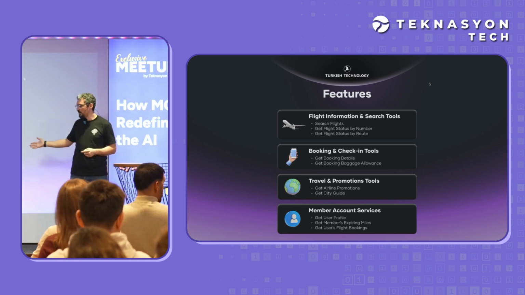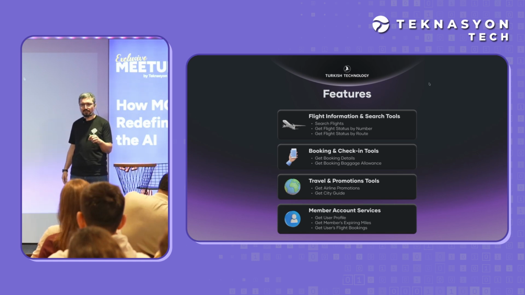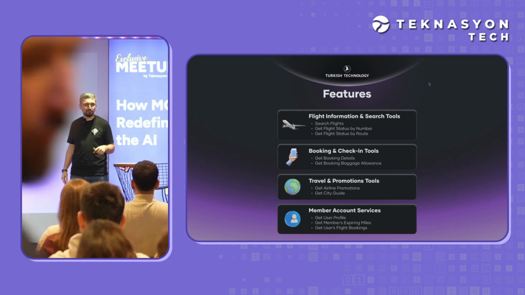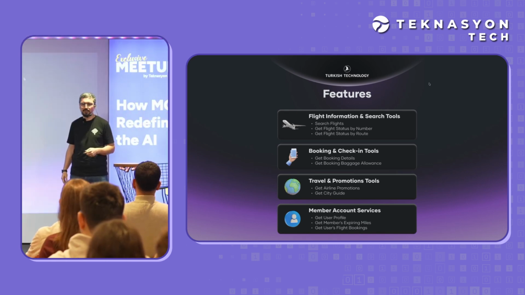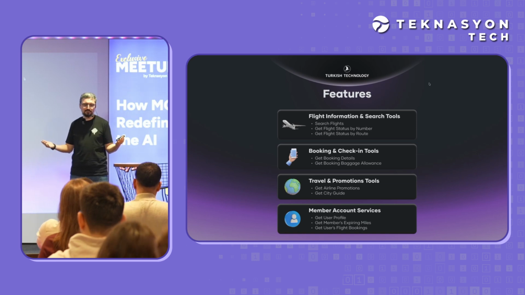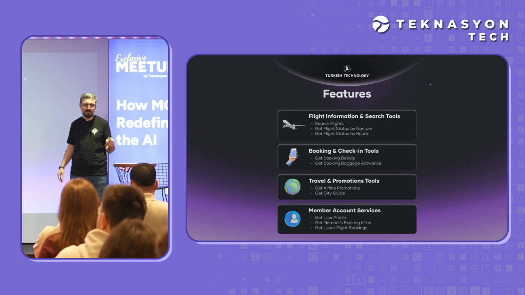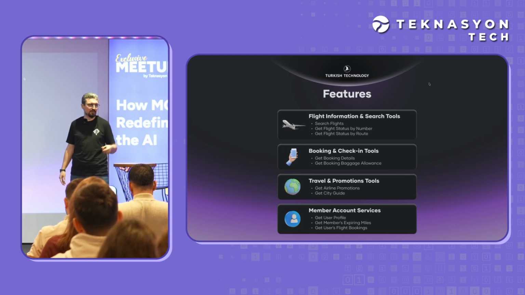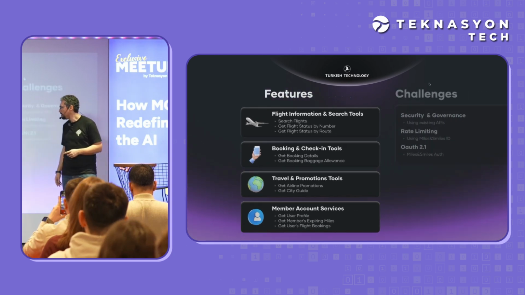And since we are authenticating through Smiles, you can get your member profile, and you can ask questions like how many miles I'm losing this year, so that I can keep my status.